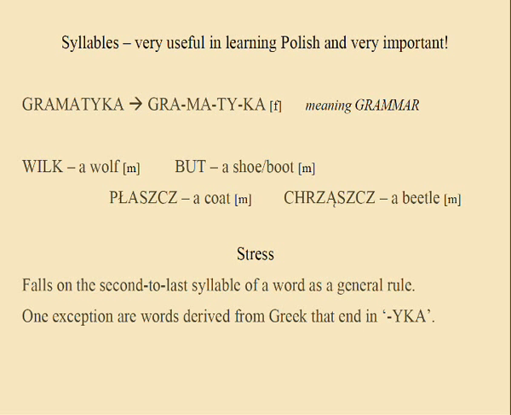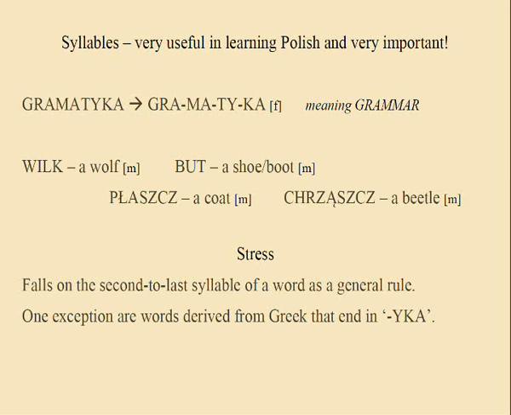One other thing I would like to put a stress on is the stress. In Polish, the general rule is to stress the penultimate, or the one before last, syllable of a word. Examples: owca, which means a sheep, samochód, which is a car, wolontariusz, which means a volunteer.